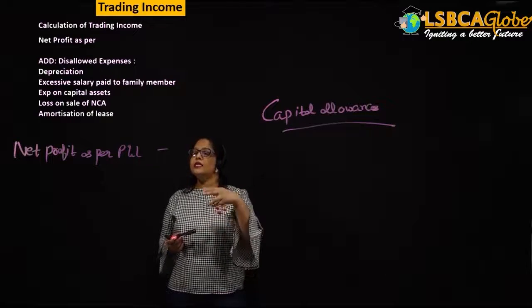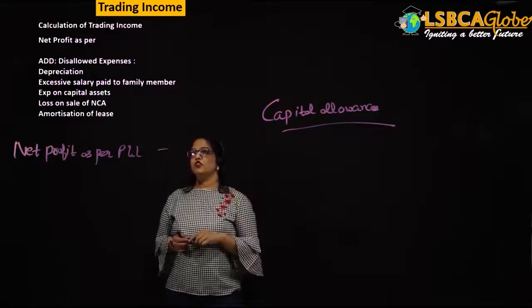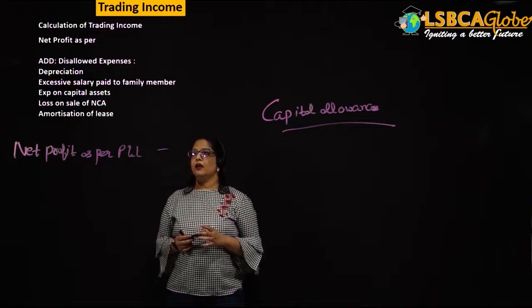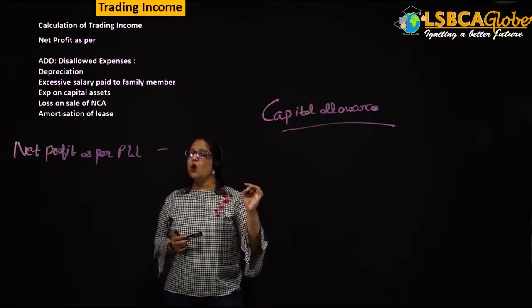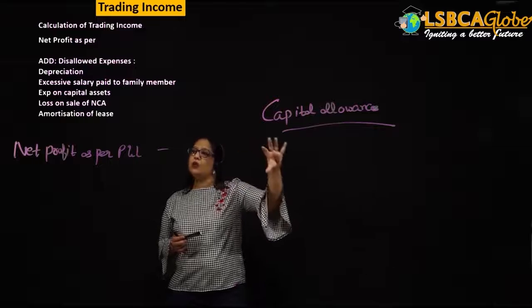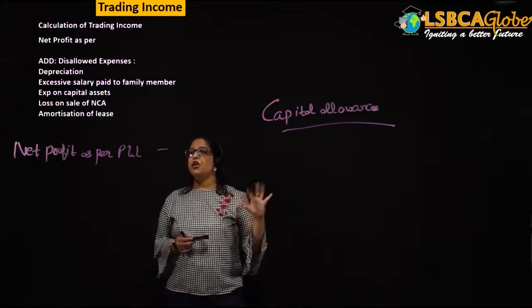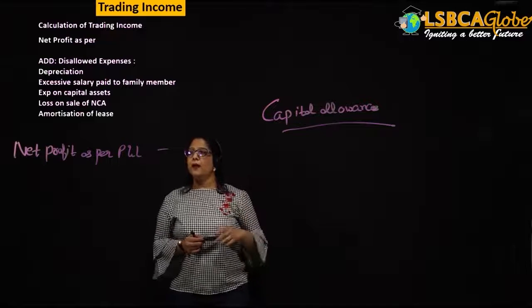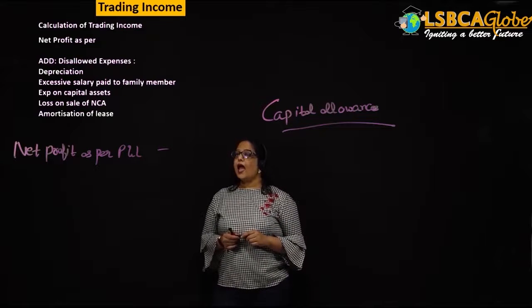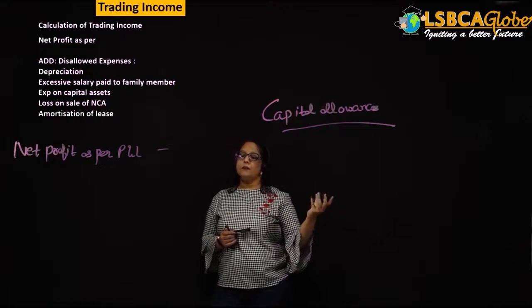So class, first of all, what you have to do is, whatever the depreciation is there, just add it back, because depreciation is not allowed, but instead of that, capital allowances are allowed. For capital allowances, a separate format is there. So add back depreciation, and add back excessive salary if it is paid to a family member.